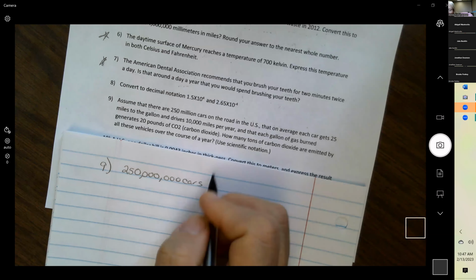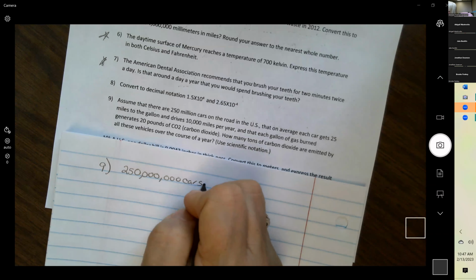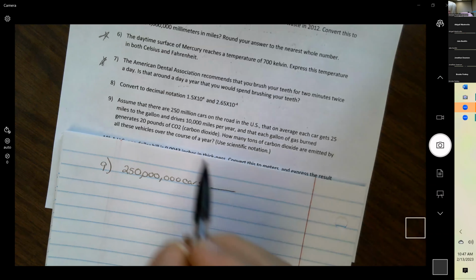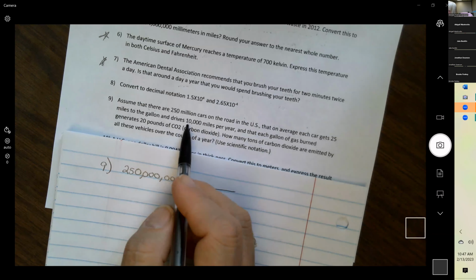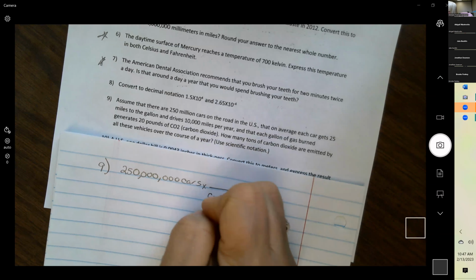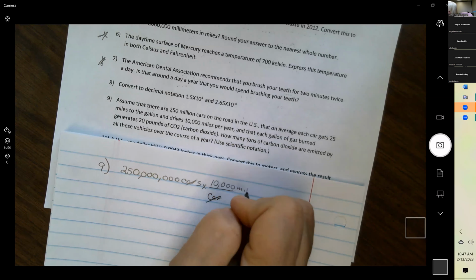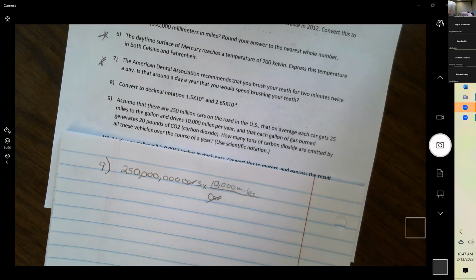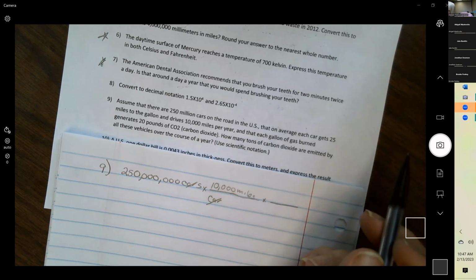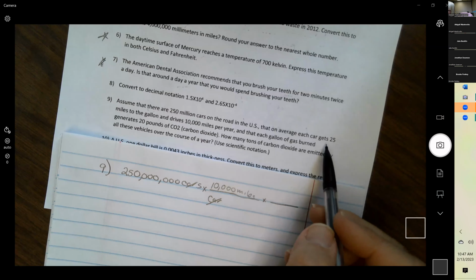We know that there's this many cars. There's a few ways you could go about it. I went with the miles next because each car drives about 10,000 miles each year. And then gallons, 25 miles to the gallon.